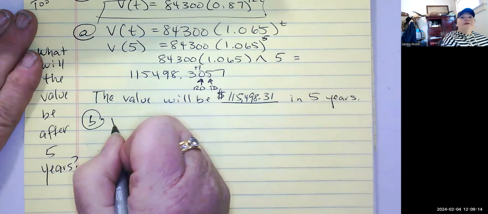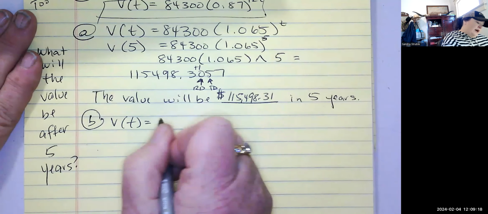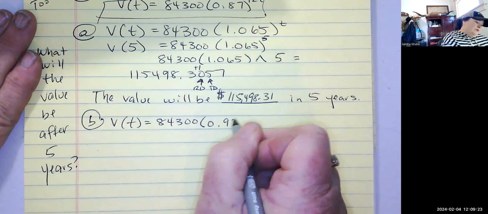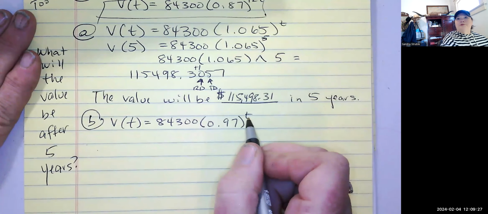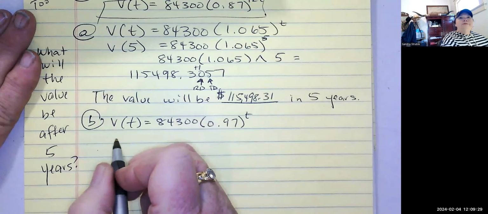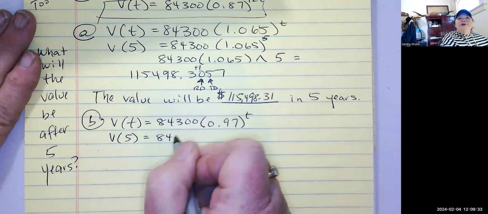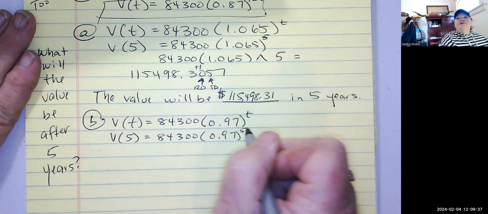Okay. If you didn't get that, please touch base with me so I can make sure and get you there. The next one, the function for V of T is 84,300 and 0.97. So this was decaying per year because the value that's T is up in the exponent. All right, so I'm going to plug in 5 for T to see what the value is going to be. I'm not worried so much about you being able to plug in the values for these.